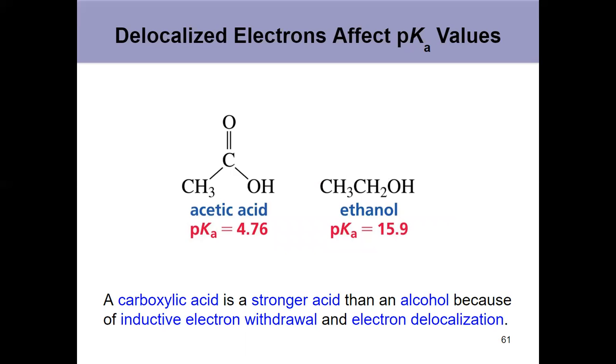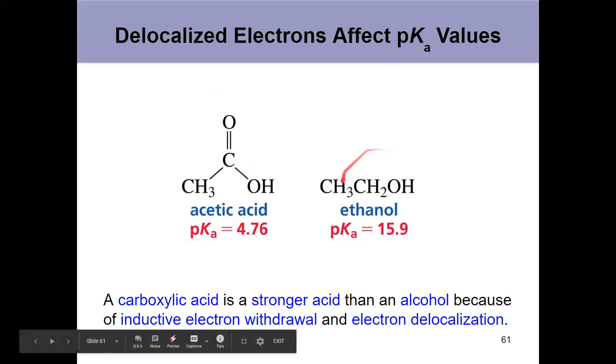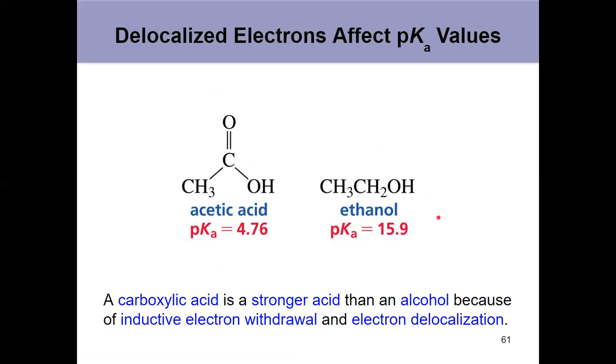Or to say it a different way, the more stable the base, the stronger the conjugate acid we have. And we know that a carboxylic acid is a stronger acid than an alcohol because the conjugate base, a carboxylate, has delocalized electrons, and two stable resonance contributors. Versus ethoxide, the conjugate base, which just has localized electrons.